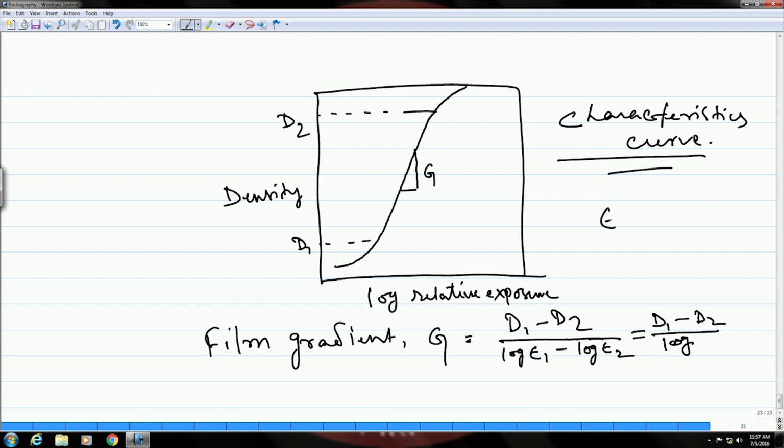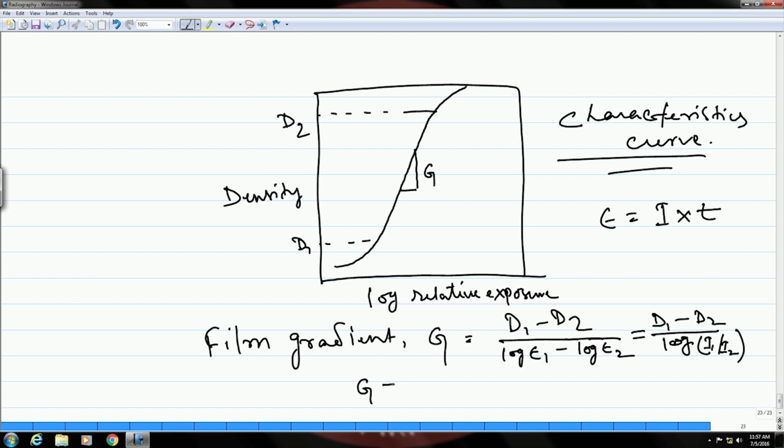And epsilon we have already defined as I times t. So, for the same time of exposure, this will be I 1 by I 2. And we have also seen that D 1 minus D 2 is the contrast C s.